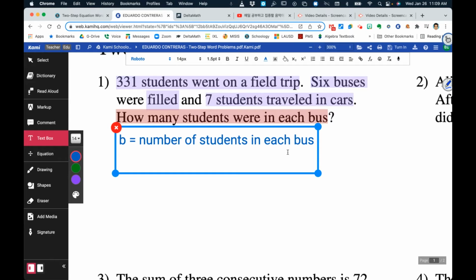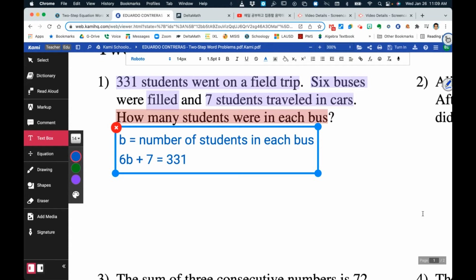Yeah. Let me write it with the variable on the left side. So you could do 6 times b, 6 buses times the number of people in the bus, plus the 7 that traveled on their own equals 331. I just like the variable on the left side. So it's basically everything you said, but with the variable on the left.